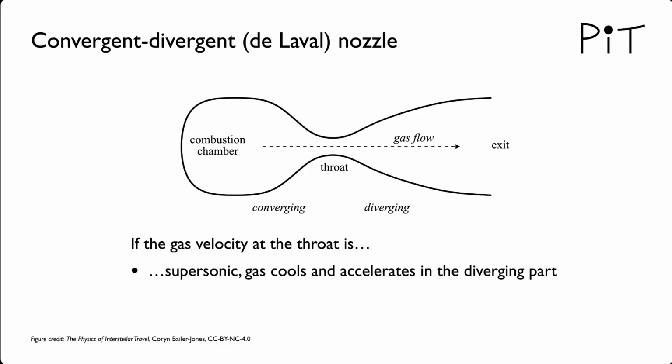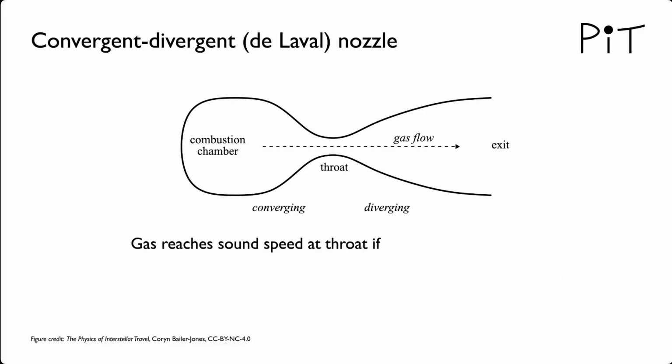If the gas does not reach the speed of sound by the time it gets to the throat, then its pressure and temperature actually increase as it moves along the diverging part of the nozzle, and the gas will slow down again, which is not what we want. How do we know if the gas flowing from the combustion chamber reaches the sound speed at the throat?